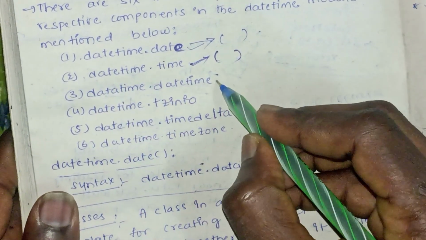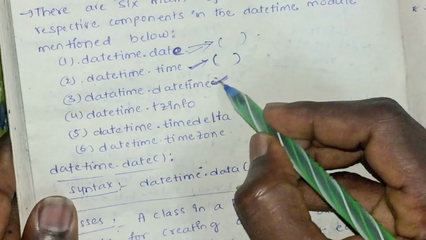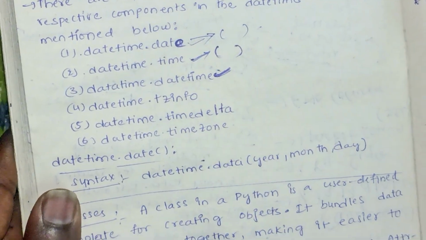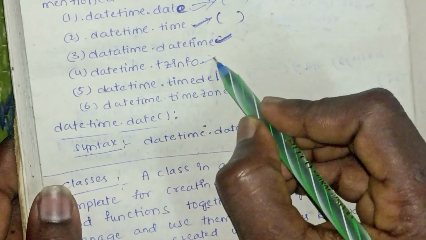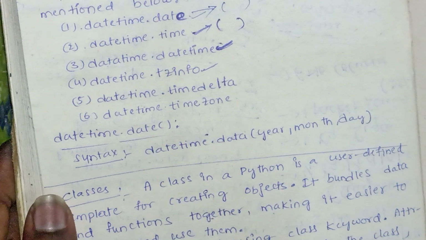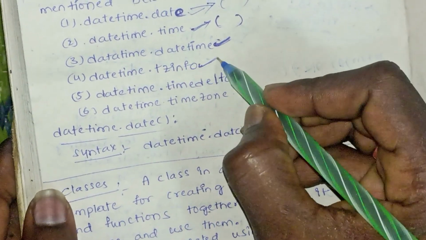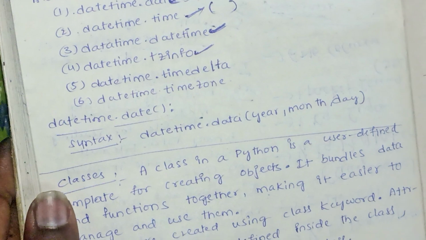datetime.datetime: date as well as time, both are defined in this object. Next, datetime.tzinfo. The information about time zones is given as output for this datetime operation.